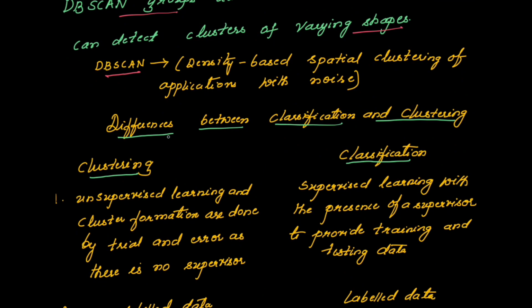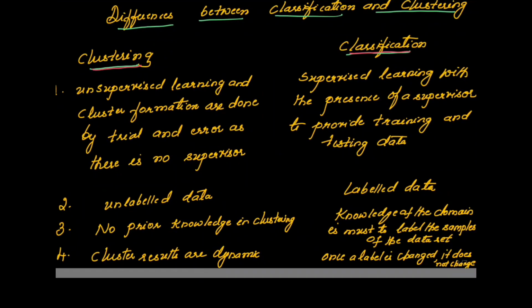Next, you should know the differences, because earlier you learnt many algorithms for classification, and now you are learning clustering. So you should know the main differences between these two. Clustering is unsupervised learning, whereas classification is supervised learning. In classification, the label for that particular data point is given and you are able to classify it.